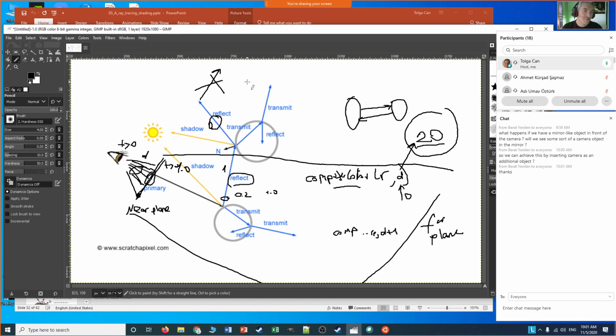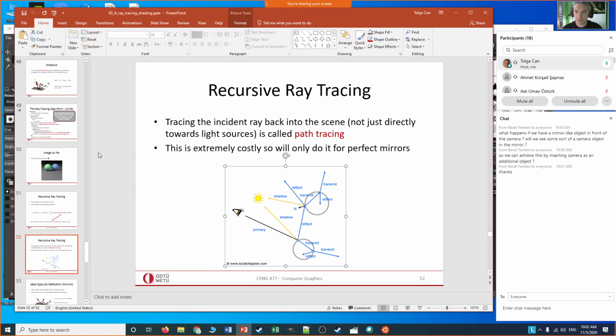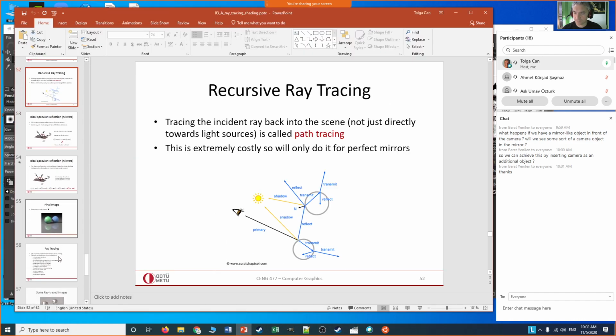If you have lots of mirrors in the scene, then it may be reasonable to set this ray count threshold to a large number to see reflections of objects that are far away, which requires multiple bounces of the ray. But if you don't have mirror-like objects, for example, reflection similar to what we have in this figure, look at this.